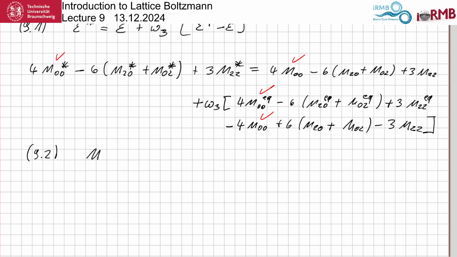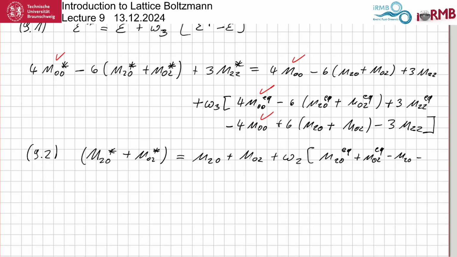So we have m20 after collision plus m02 after collision is m20 plus m02, and this comes with omega 2: omega 2 times m20 equilibrium plus m02 equilibrium minus m20 minus m02.